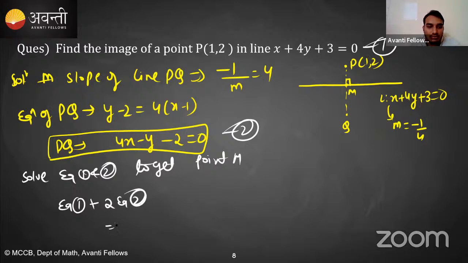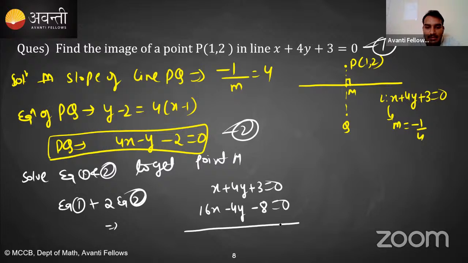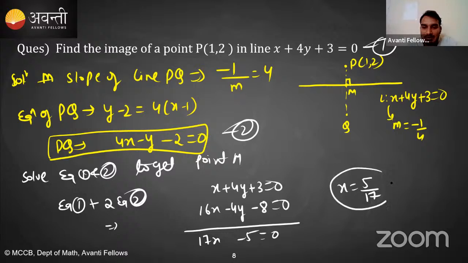Equation 1 is x plus 4y plus 3 is equal to 0. Multiply 4 with equation 2: 16x minus 4y minus 8 is equal to 0. Add this, so 17x minus 5 is equal to 0. What is x? 5 upon 17. Is this clear? x is 5 upon 17.